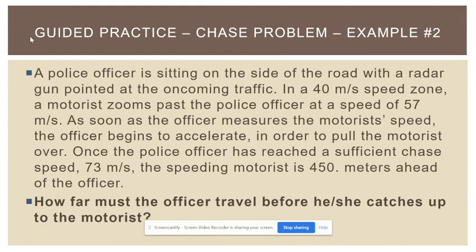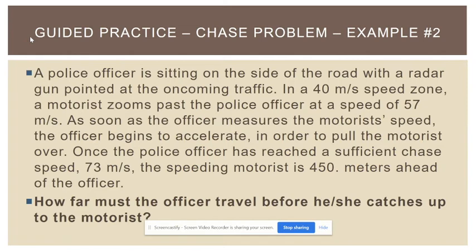This problem says a police officer is sitting on the side of the road with a radar gun pointed at the oncoming traffic. In a 40 meter per second speed zone, a motorist zooms past the police officer at a speed of 57 meters per second. As soon as the officer measures the motorist's speed, the officer begins to accelerate in order to pull the motorist over.